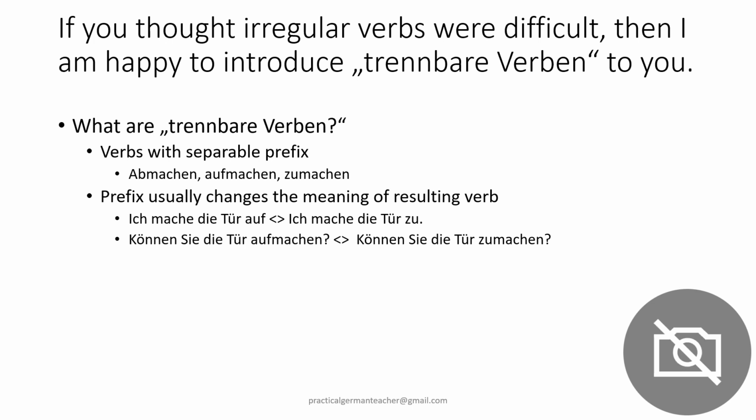Zumachen is used for closing, usually windows or doors. You have already heard statements like bitte mach die Tür zu, bitte mach die Tür auf, kannst du die Tür aufmachen? So I believe you have seen prefixes being used to change the meaning of the verbs.